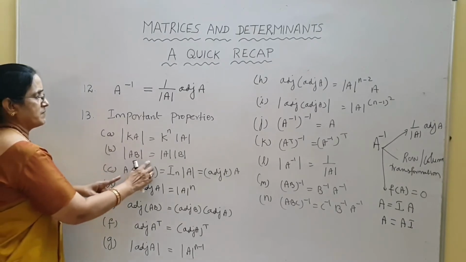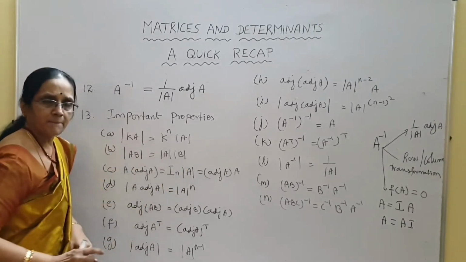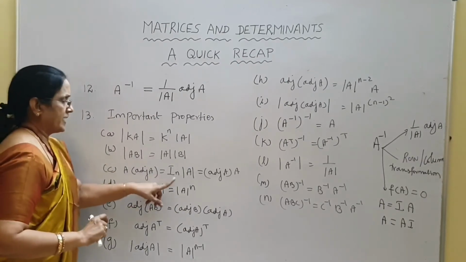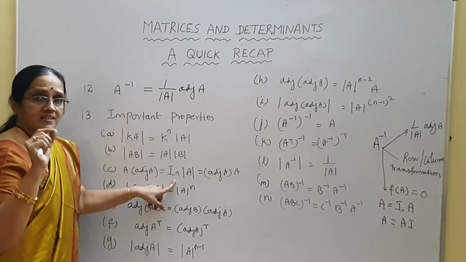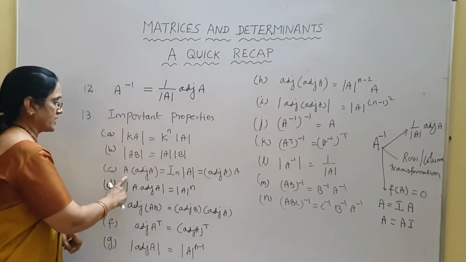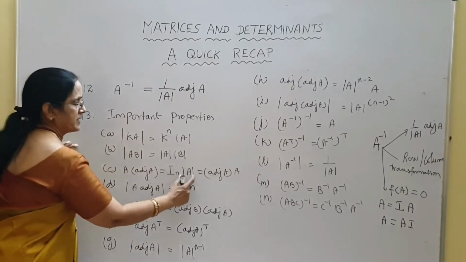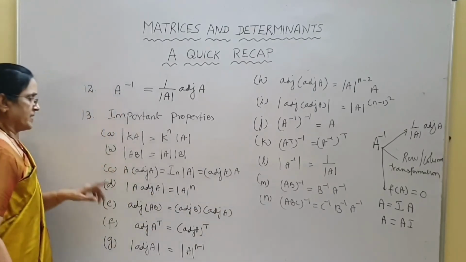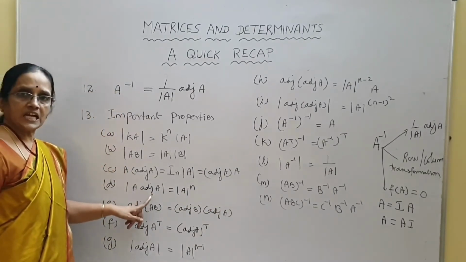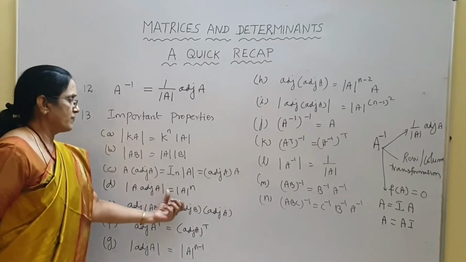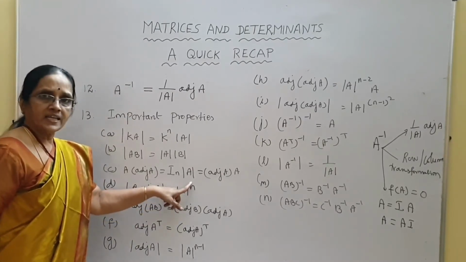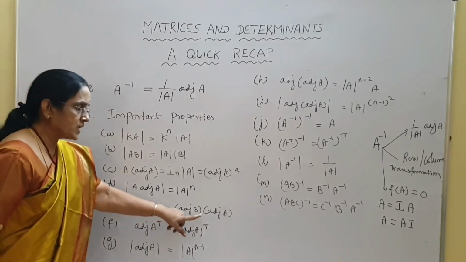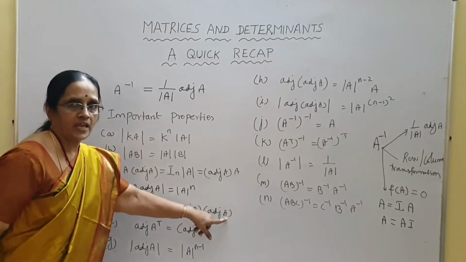Determinant AB is determinant A into determinant B. A into adjoint of A is equal to determinant of A into In, the identity matrix of the order of the given matrix A, which is also equal to adjoint of A into A. Then determinant of A into adjoint of A is determinant of A to the power n. Then adjoint of AB is adjoint of B into adjoint of A.